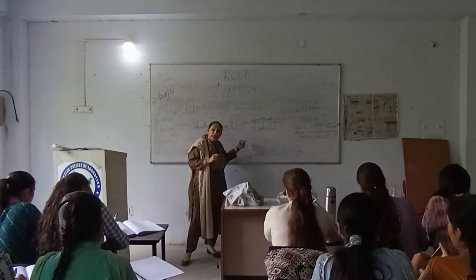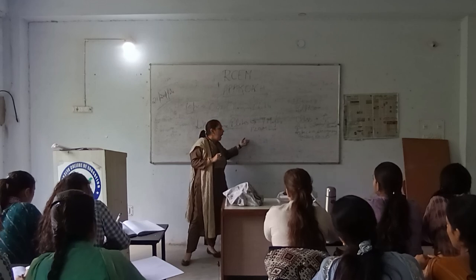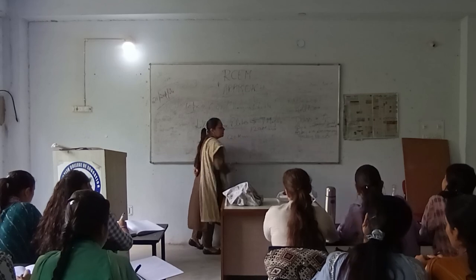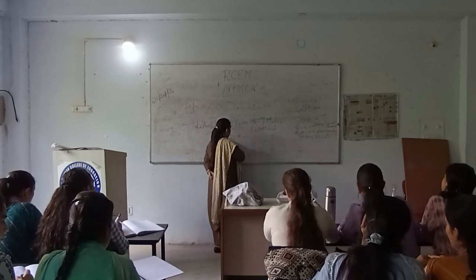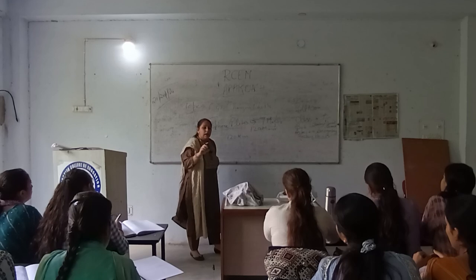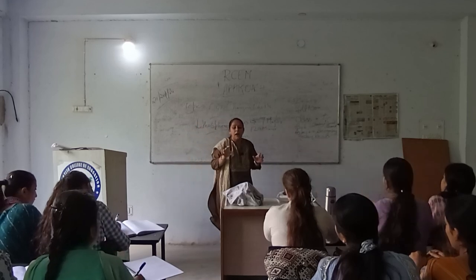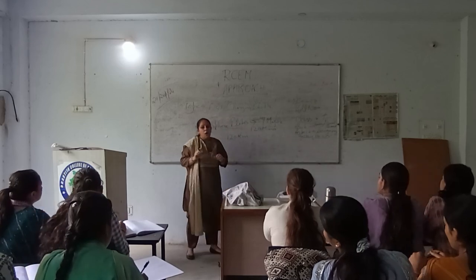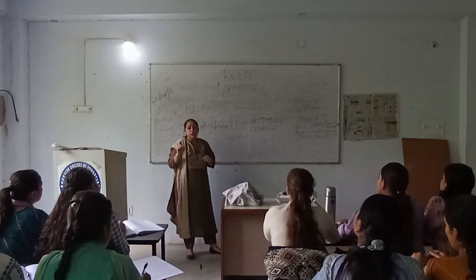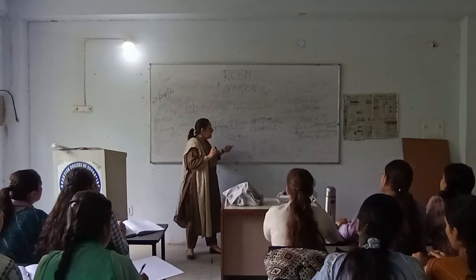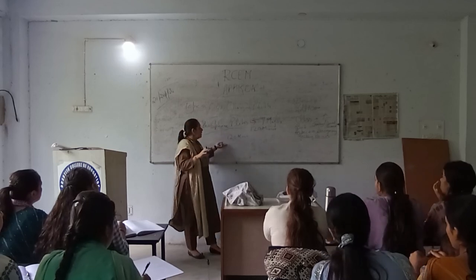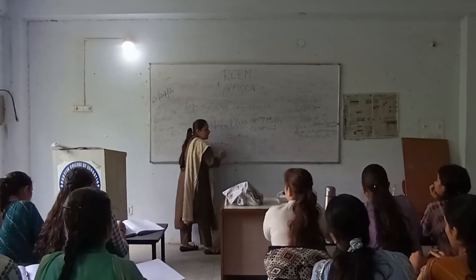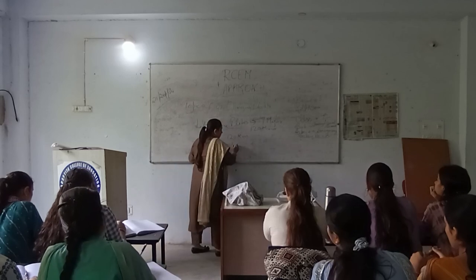Now, the thickness of these plates is 120 kilometers, and these plates are unevenly distributed in the earth's interior. On the continents, the thickness goes up to 200 kilometers.